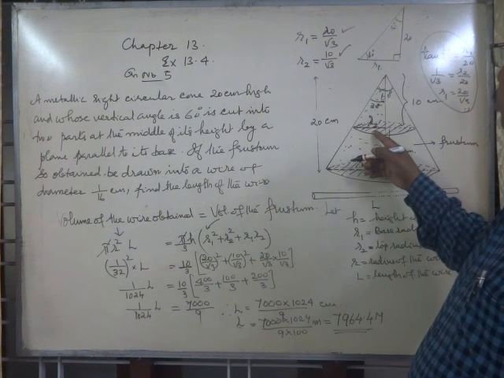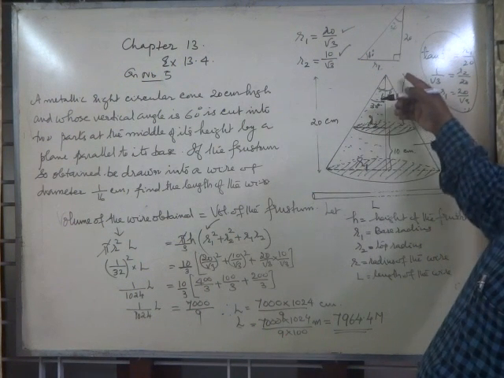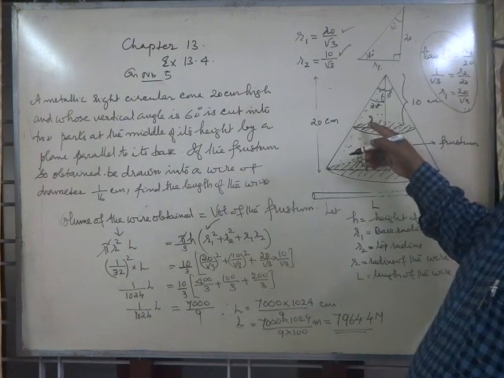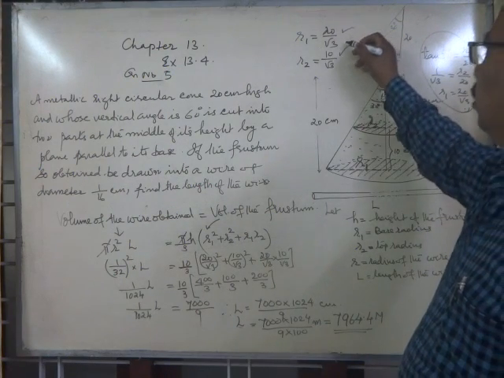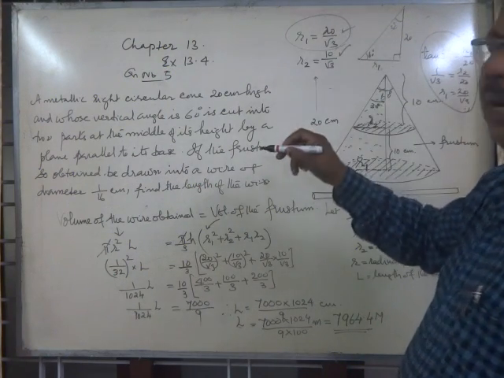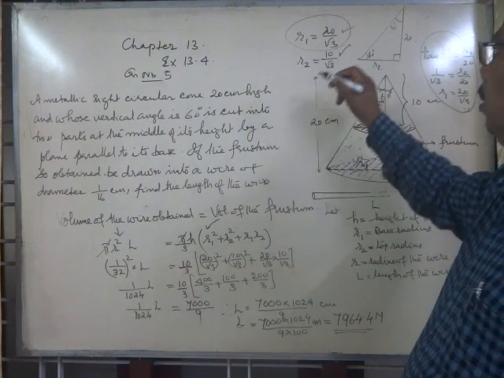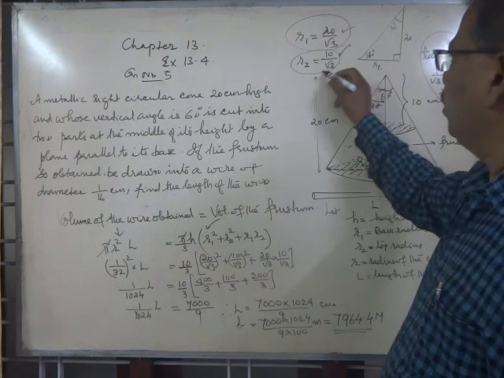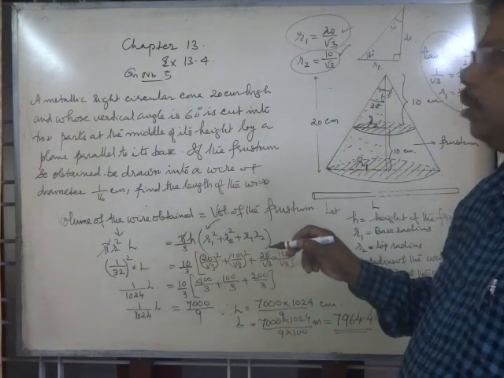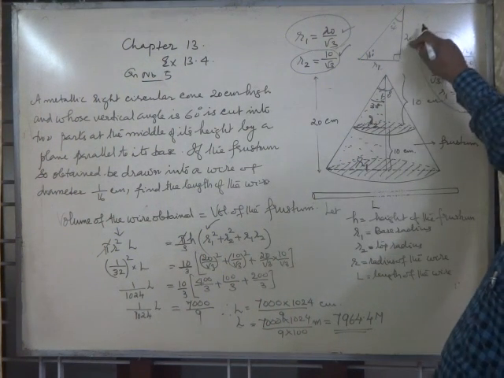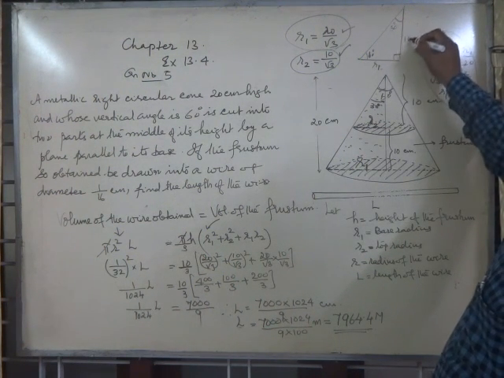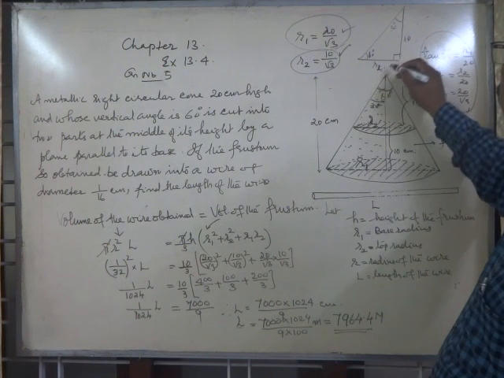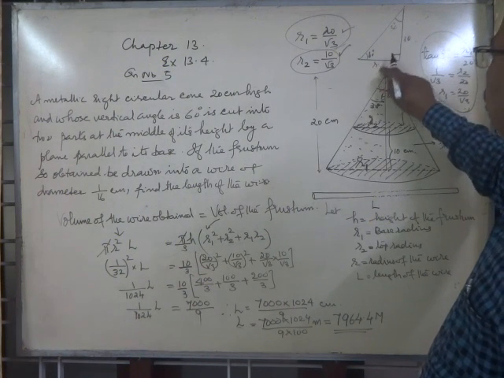Regarding R2, it will be 10 by root 3. Base radius 20 by root 3 and top radius 10 by root 3. When this side is put 10, R2 will be equal to 10 by root 3.